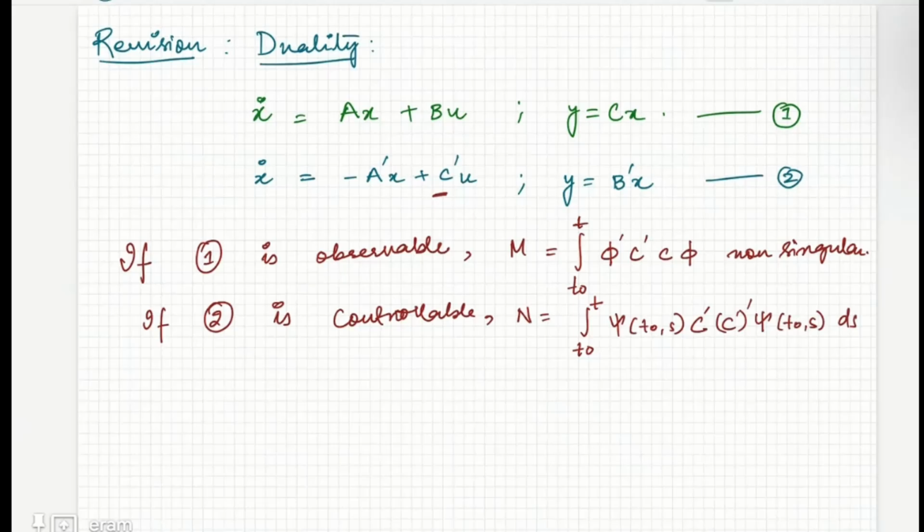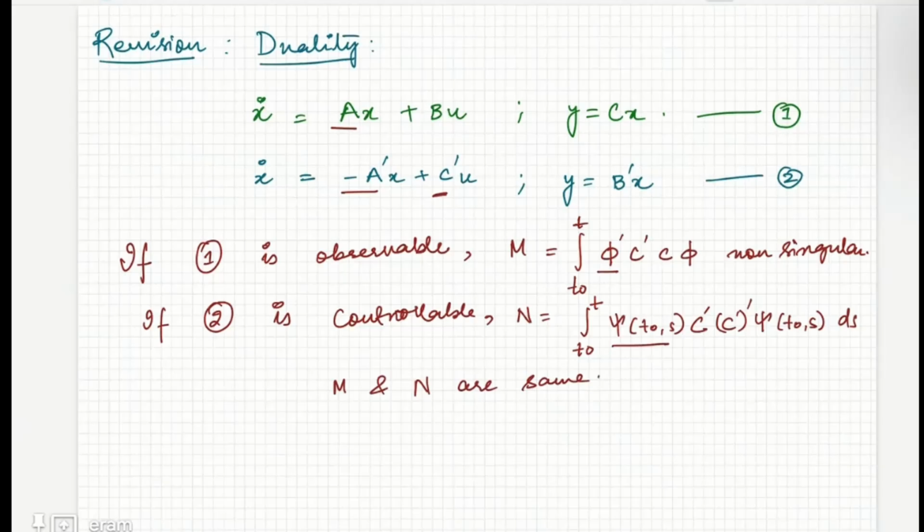Now since both A and minus A transpose have the same state transition matrix, this phi and this psi are the same, which means that M and N are the same matrices.